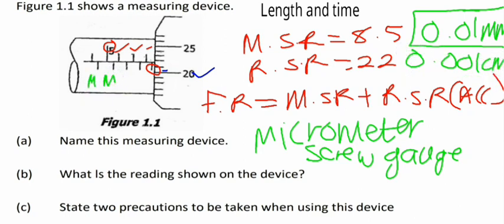Now in this case, we haven't been given the units. So always when you are calculating the readings on the micrometer screw gauge, if they haven't indicated the units on the device, you need to use the accuracy of the micrometer screw gauge in millimeters, always. So let's do that.